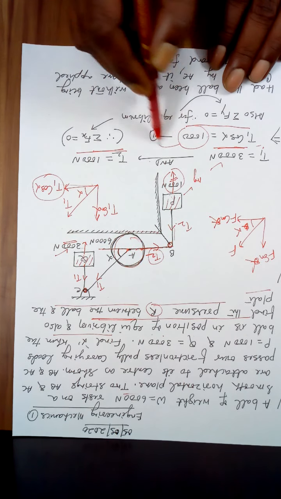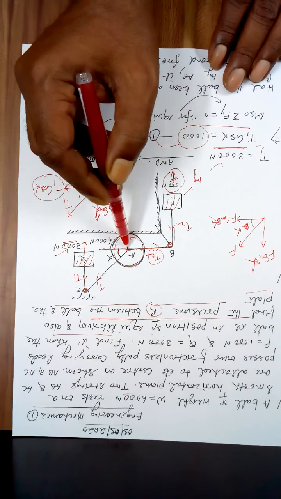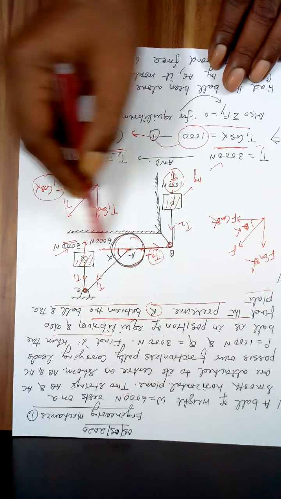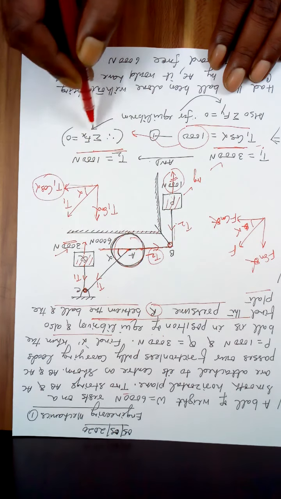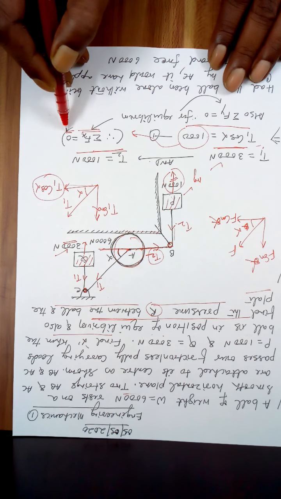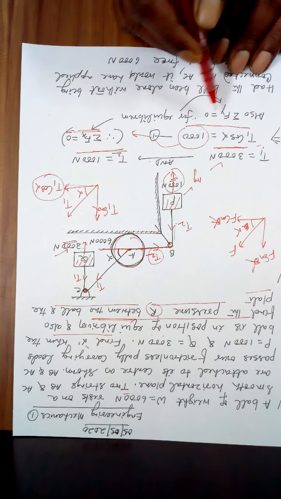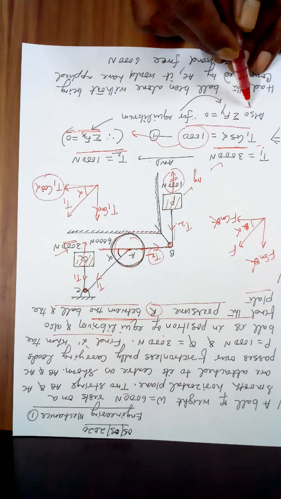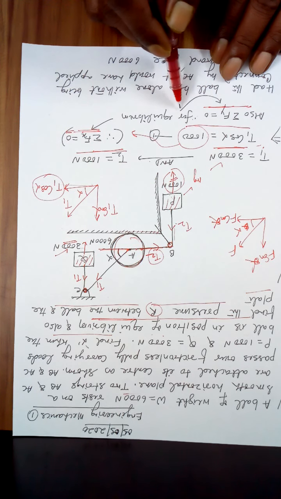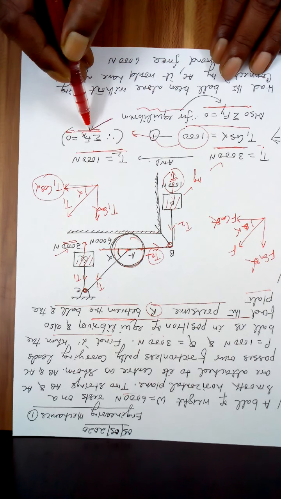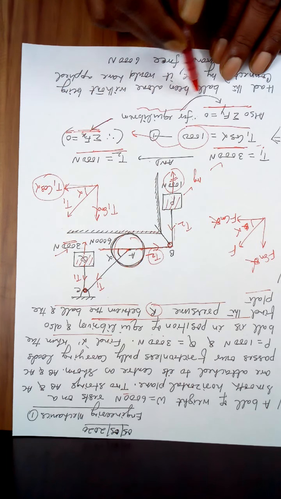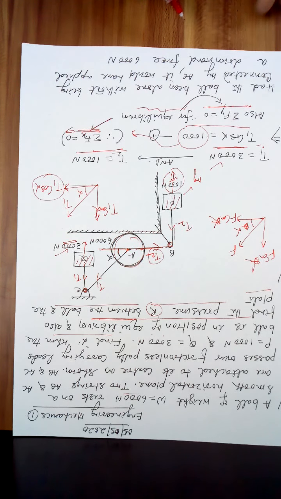Both are in the horizontal direction, that is along the x-axis, means sigma Fx is equal to 0, the condition for equilibrium. And similarly, sigma Fy has to be 0. Along the x-axis the net force is 0, along the y-axis the net force is 0.